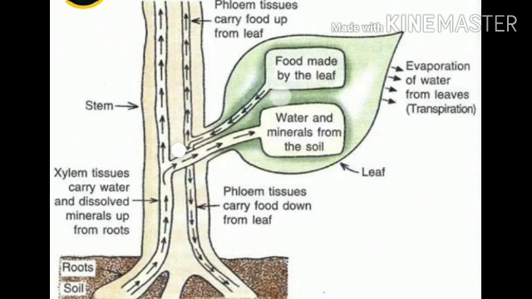Now we will read about the xylem, because for the transportation of water, minerals and nutrients from the soil to the plant's body, up to the leaf, the xylem is working there. The xylem tube helps to absorb water, which is also a part of absorption.